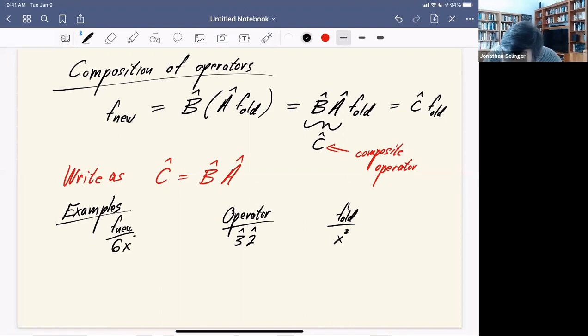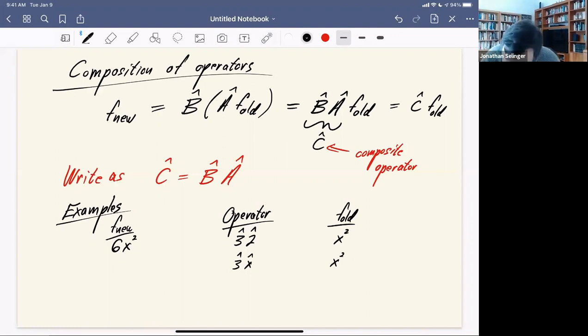So my new function is 6x squared. Or if the operator is 3 hat x hat, and my input is x squared, then I multiply it by x, that makes x cubed.